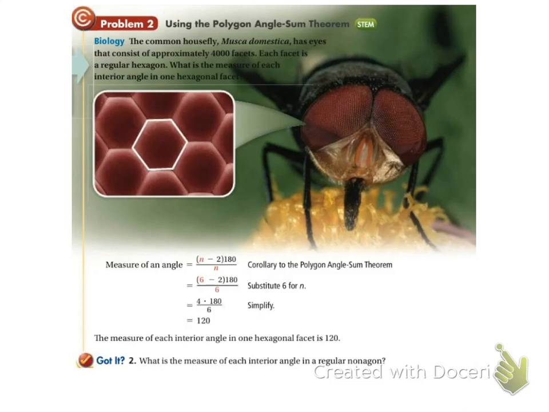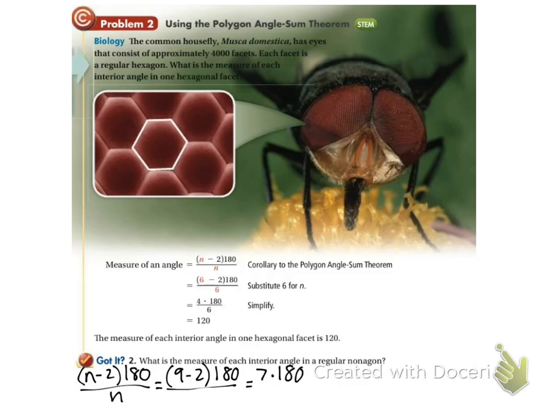Okay, let's check out our got it problem. What is the measure of each interior angle in a regular nonagon? Do you remember which one was a nonagon? That was a polygon with 9 sides. So, n minus 2 times 180 over n. I'm going to plug in 9, so 9 minus 2 times 180 over n, which is 7 times 180.